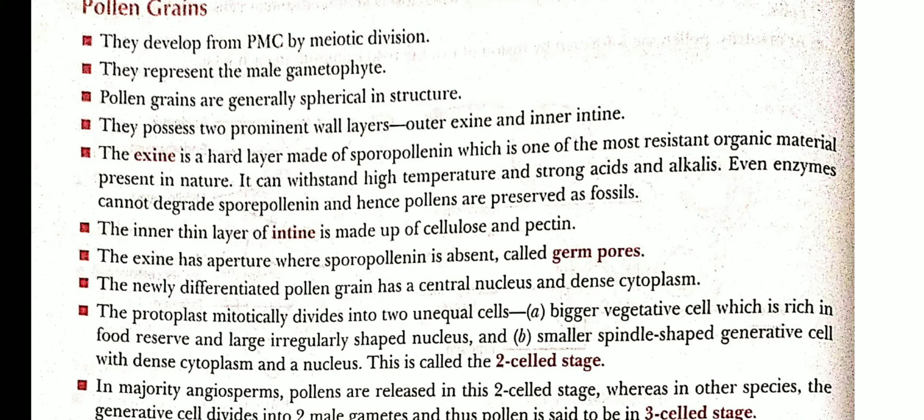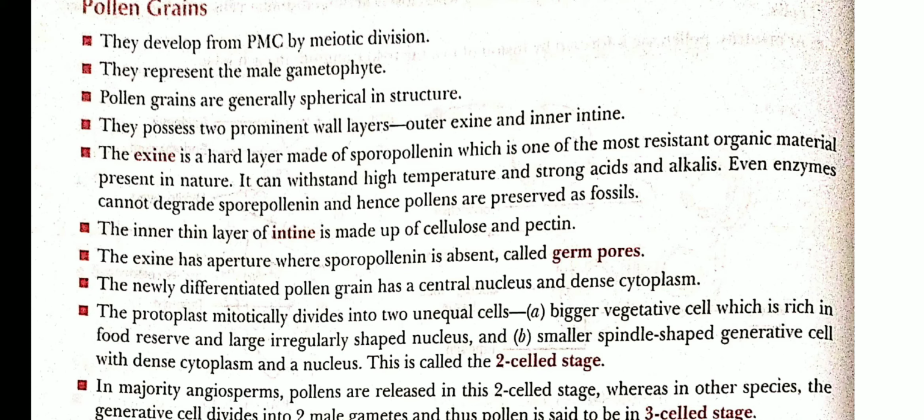Because of the presence of the exine or sporopollenin, pollen grains are preserved as fossils or may be preserved for a very long time. The inner layer is the intine, which is composed of cellulose and pectin.